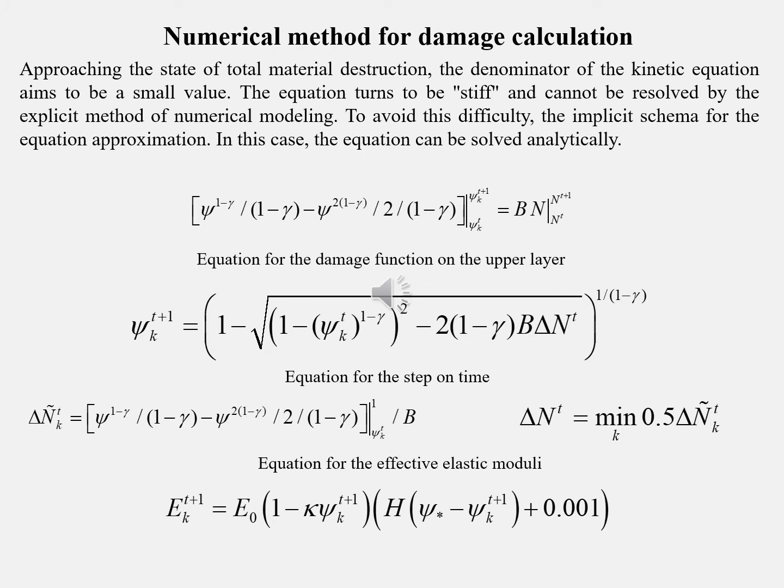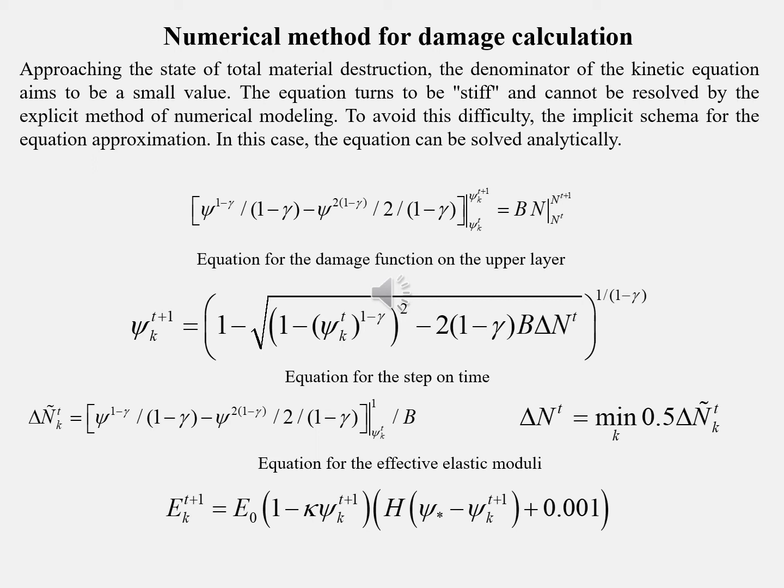Let's say some words about the numerical methods. If we have a look at the kinetic equation for the damage function, we see that as the material approaches failure, the damage function approaches 0. In this case, the denominator of the equation will be close to 0, and we cannot use explicit methods for the calculation because the equation becomes stiff.